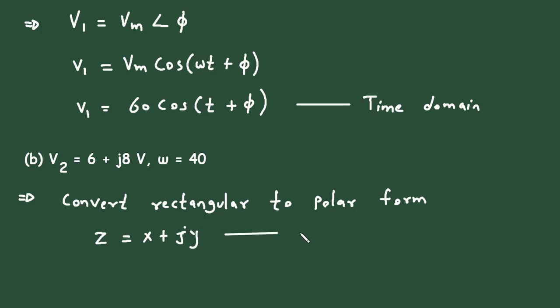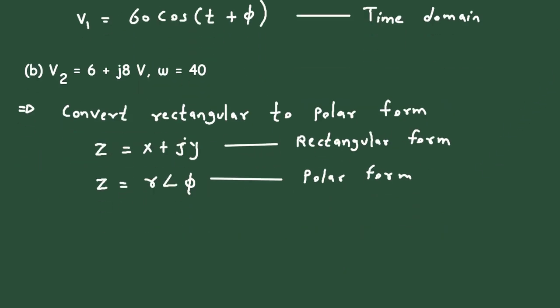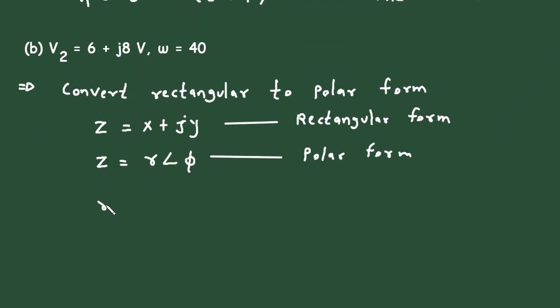This is called as rectangular form. And Z is equal to R at an angle phi. This is called as polar form. So we have to convert from rectangular form to polar form. So we need R, and R is equal to under root of x square plus y square, and this phi is equal to tan inverse of y by x.